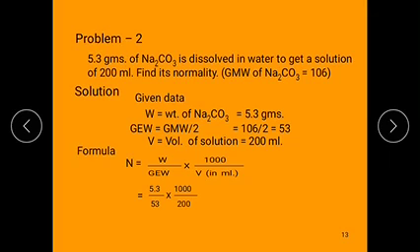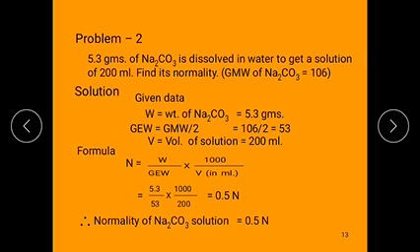Then we substitute these values in this equation, that is 5.3 by 53 into 1000 by 200, which equals 0.5 normality. Okay, so the normality of the sodium carbonate solution is 0.5 N.